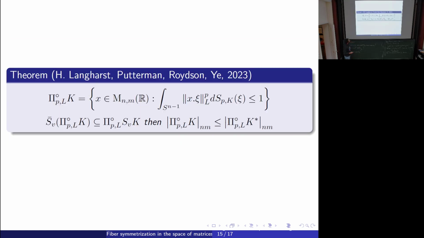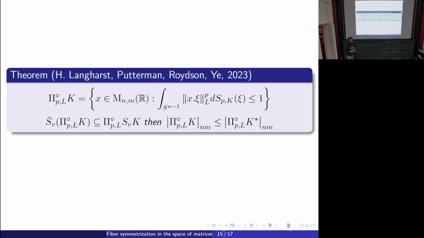And then there is another application where I came to be interested in this symmetrization, which was a paper with my colleagues Dylan Langharst, Eli Putterman, Michael Roysdon, and Bianchi last year. It's about this convex body.